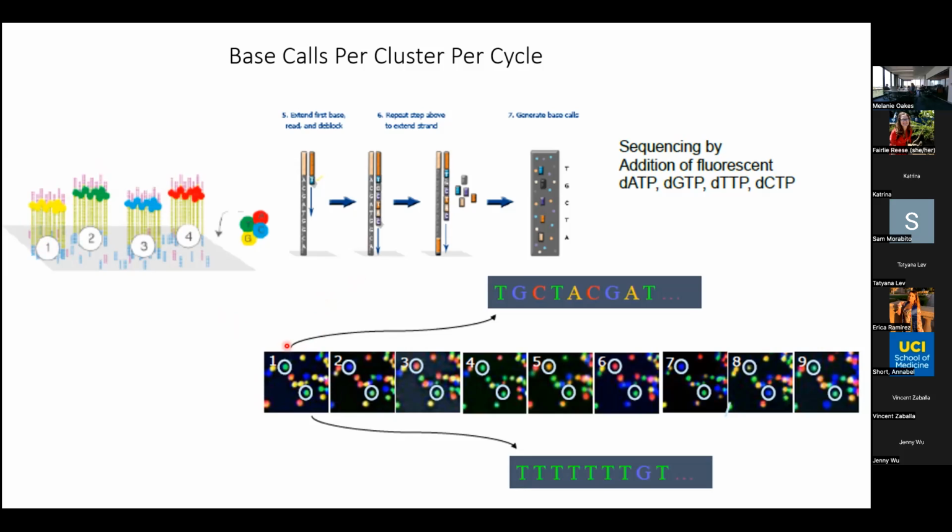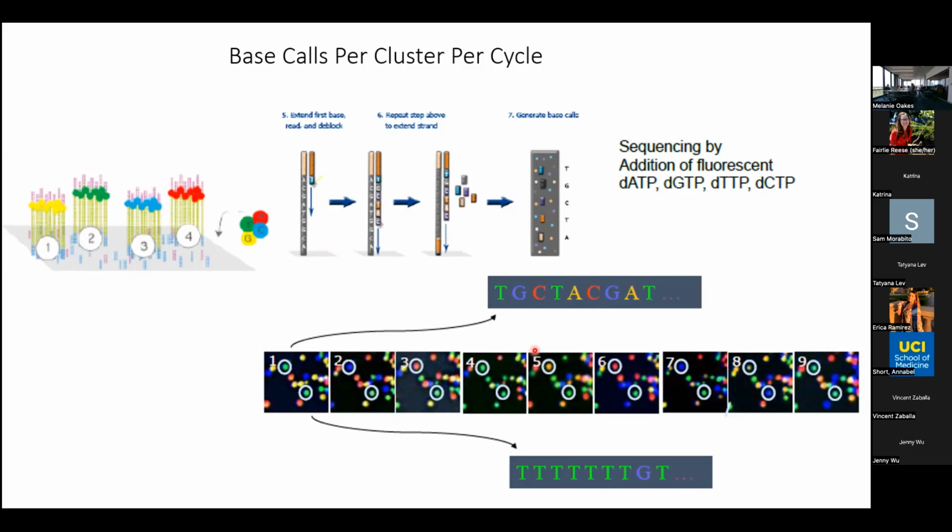And so in the first cycle, for instance, where number 1 is, it was green, so it's going to be a T. So after it does the first cycle, then it cleaves the blocking that was on that base, and it adds the next nucleotide. So that's what we call cycle 2. So when on the order form we're asking you, how many cycles do you want to do? This is how many iterations of adding a base do you want to do?